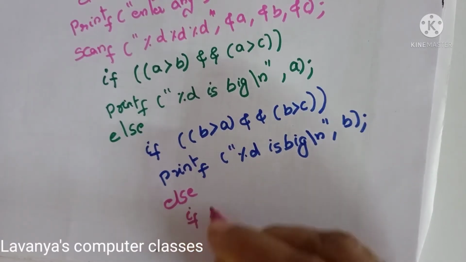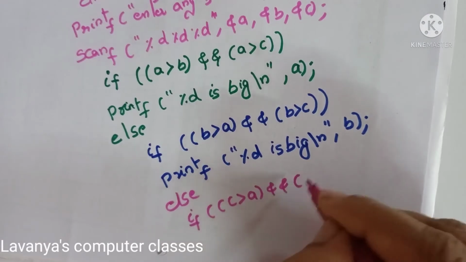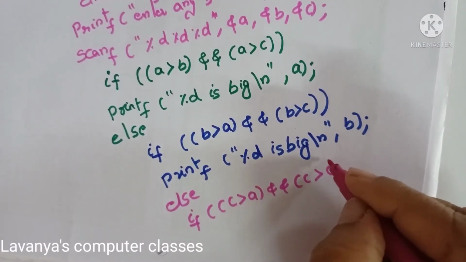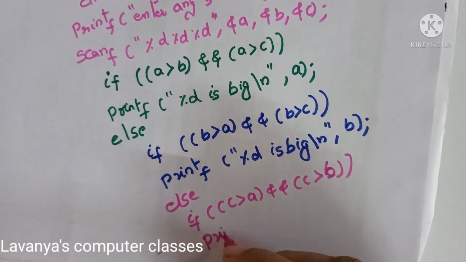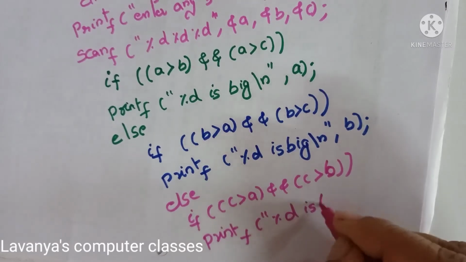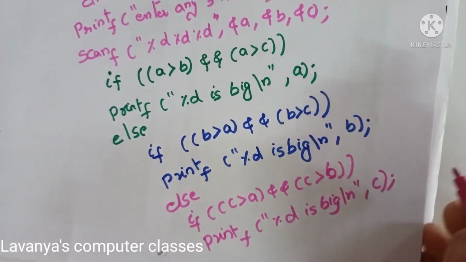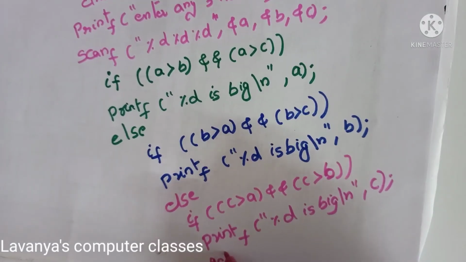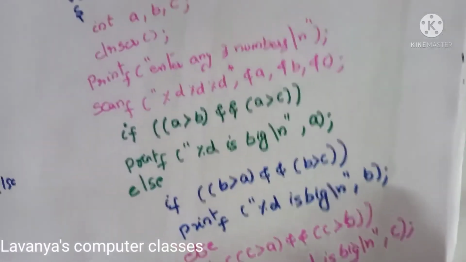Otherwise, write one more condition: if c greater than a and c greater than b, then we write printf "%d is big". That is c. Program is over. Then we write getch. Program is closed.